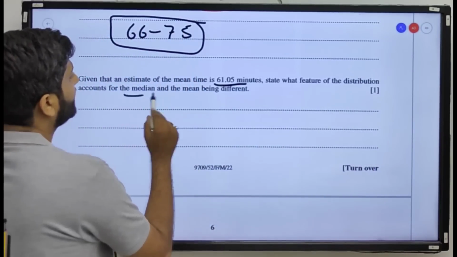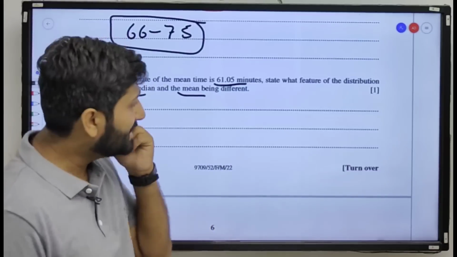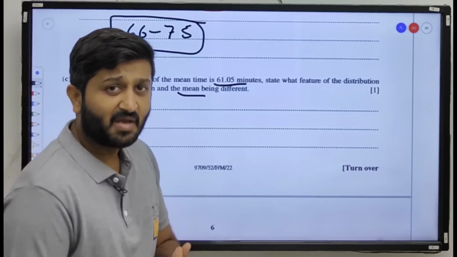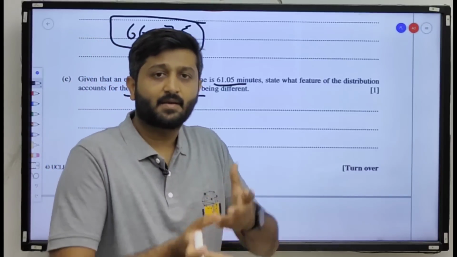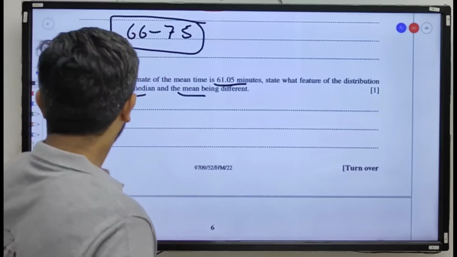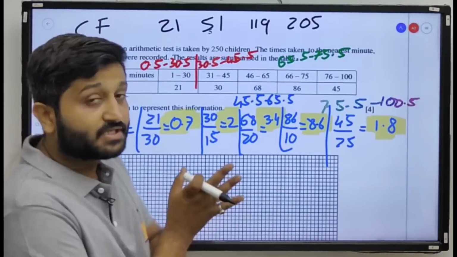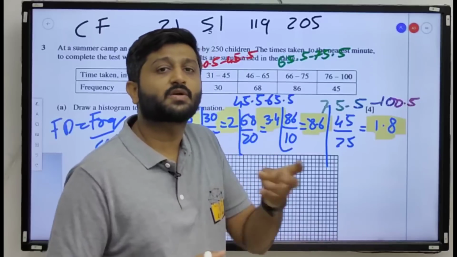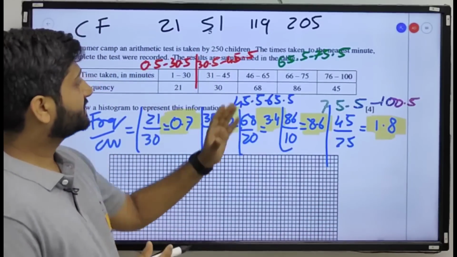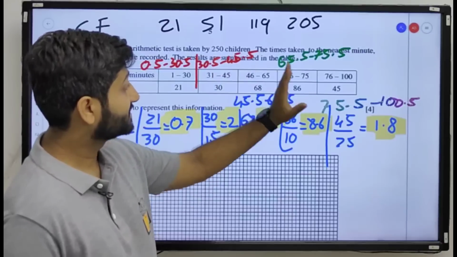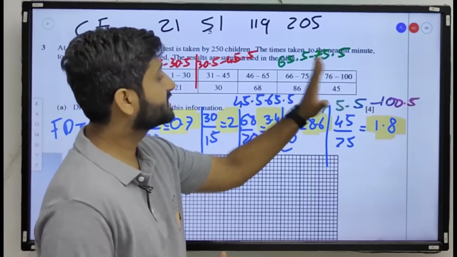Given that an estimate of the mean time is 61.05 minutes, state what feature of the distribution accounts for the median and mean being different. As you can see, the mean is 61.05, but the median lies between 66 and 75. So why such a huge difference? The simple reason is the data is skewed, or I can say the data is not symmetrical. Here the frequencies are very low, whereas from 46 to 65, 65 to 76 and 76 to 100, the frequency is quite high.